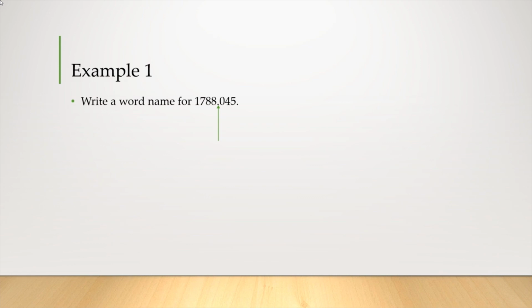So you would separate by the word "and", and then to do the decimal portion, you would say 45 thousandths. So you would say 45, whatever the number is, and then that last place, wherever this number appears, you're going to say that place value. So the whole part would be 1,788 and decimal 45 thousandths.